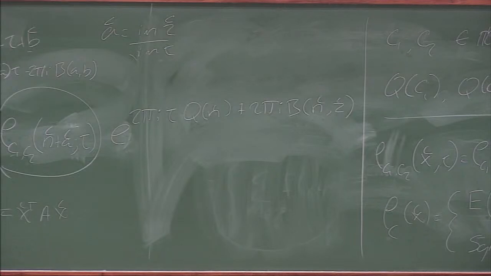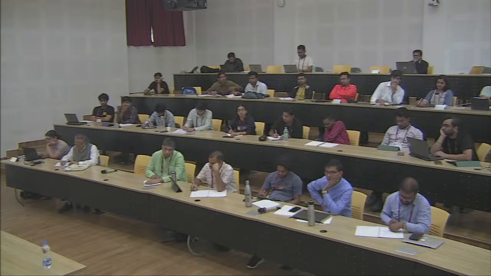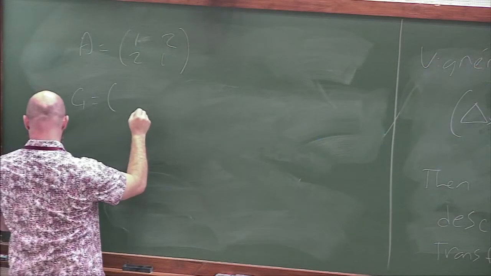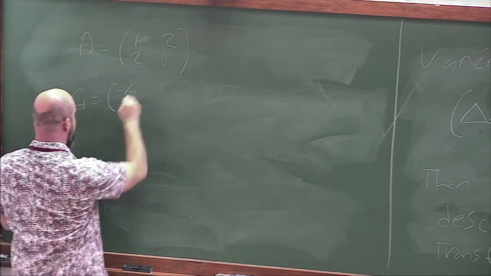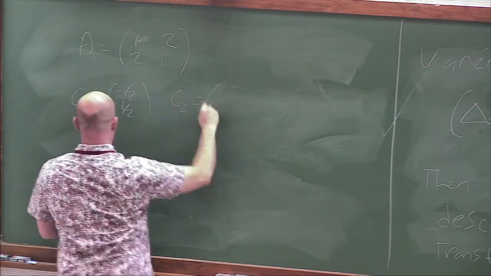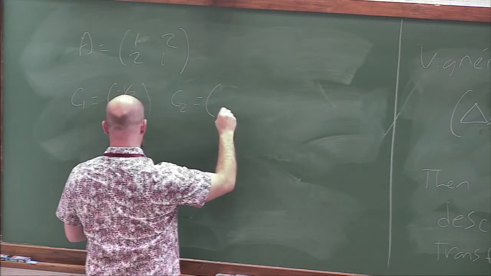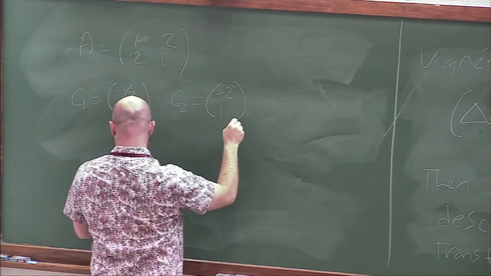So this example is going to use A equal to the quadratic form 1, 2, 2, 1. Again, this is the A that defines our quadratic form. We're going to take C1 equal to minus 1/2, 1/2, and C2 equal to minus 2, 1.